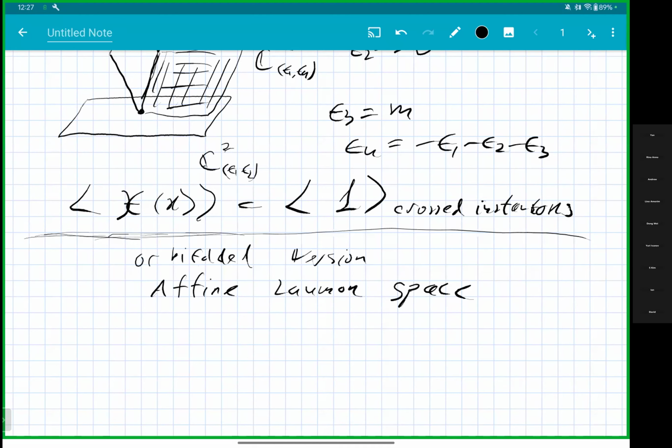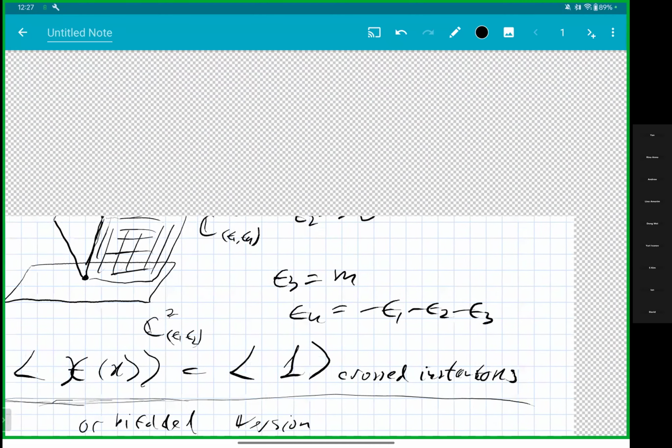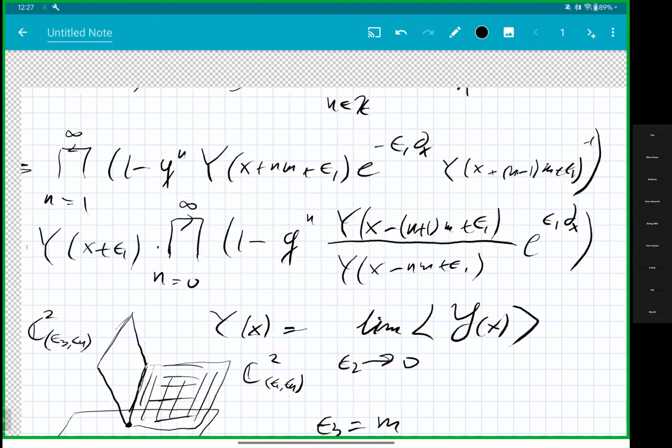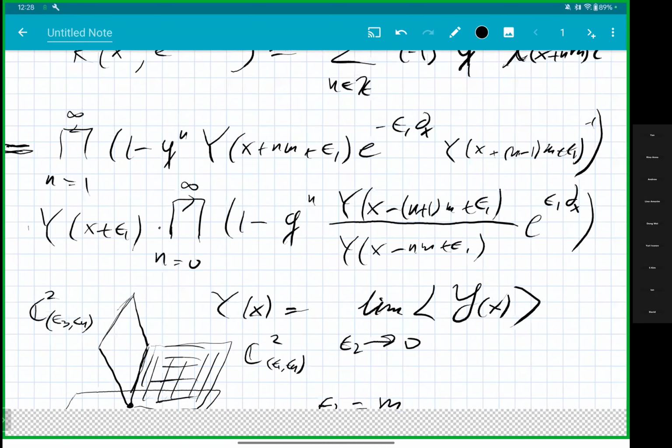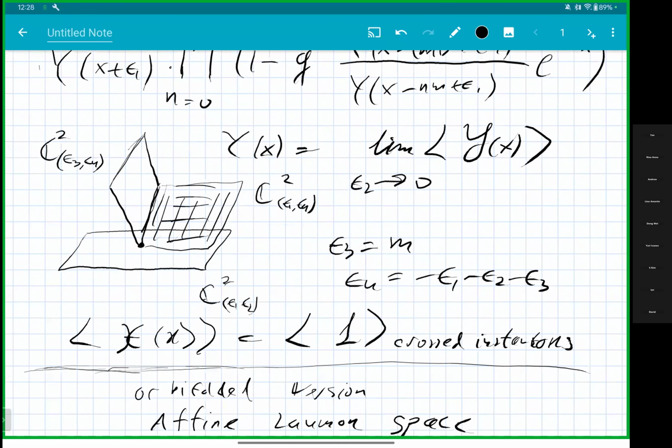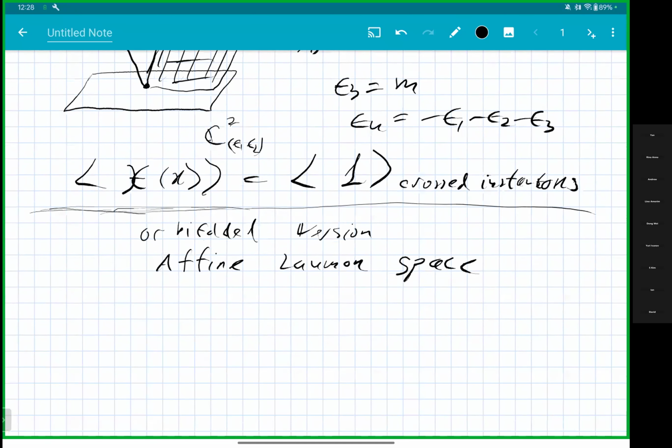But this equation becomes a matrix equation. So Y functions become matrices, and fugacities also become n variables, and these fugacities Q1 through Qn become related to canonical coordinates in the Calogero-Moser system and Ruijsenaars system.